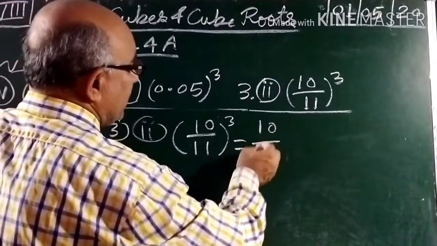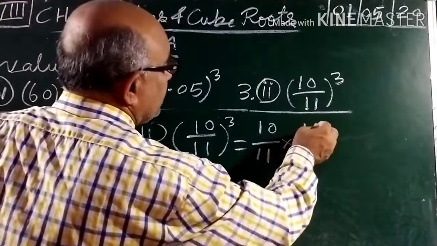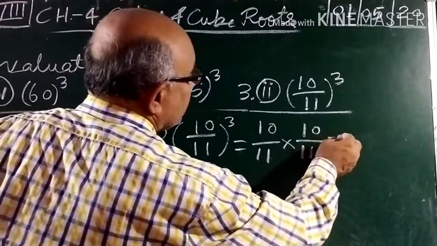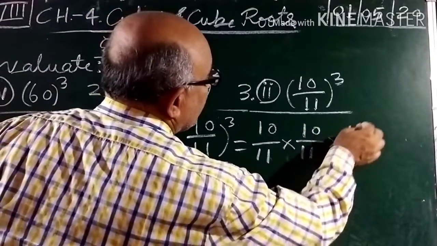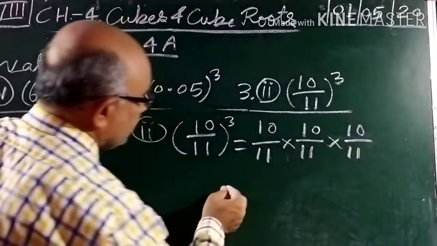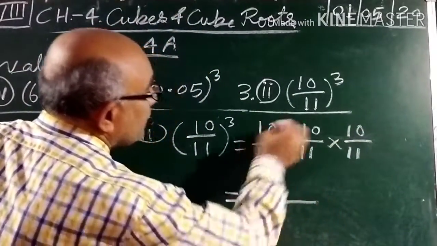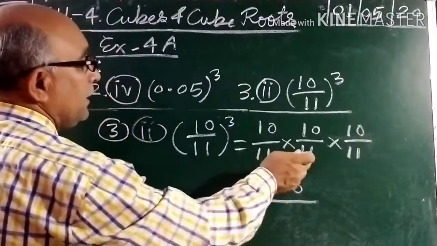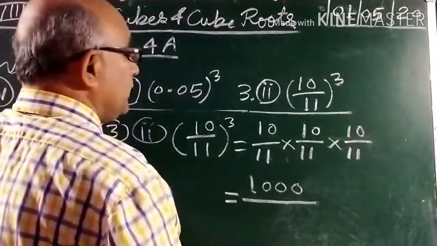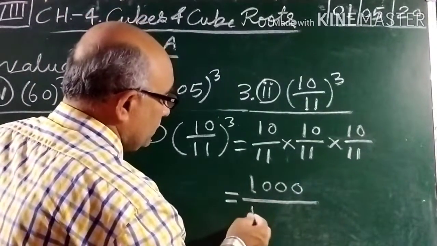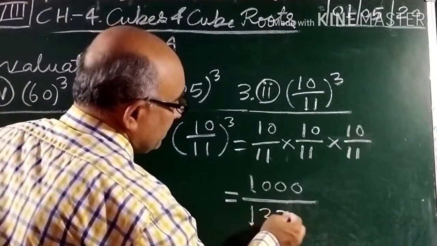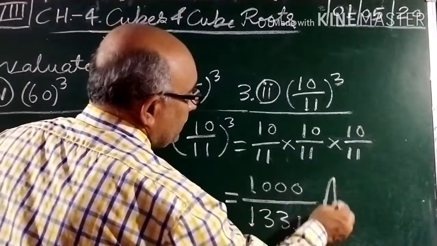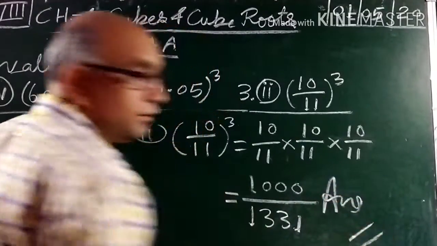Now 10 by 11 into 10 by 11 into 10 by 11. So multiply it. 10 times 10 is 100, 100 times 10 is 1000. 11 times 11 is 121, times 11 is 1331. That is the answer of this question.